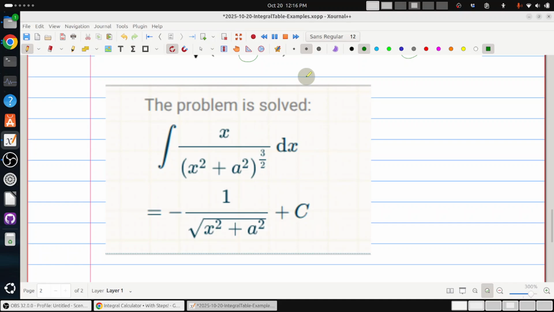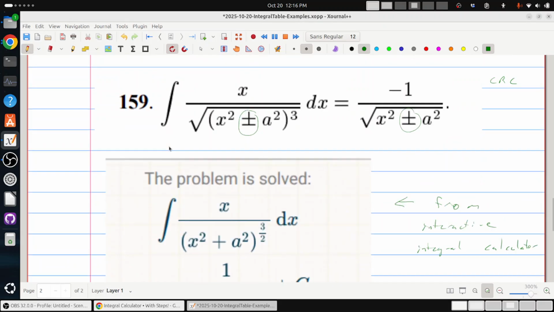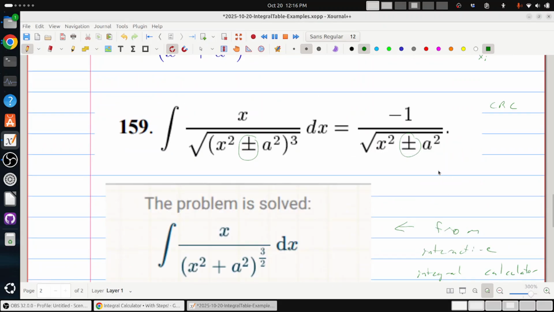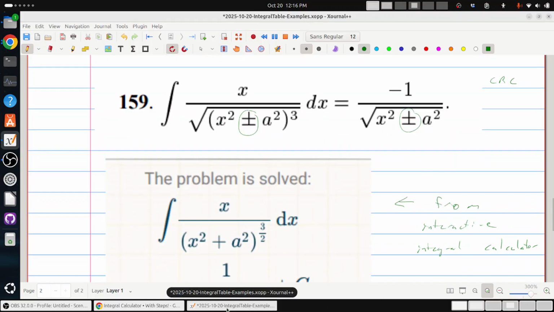And this again came from the interactive integral calculator. Now, if I needed to evaluate this at particular boundary conditions, you would plug in for your initial one and your final one.